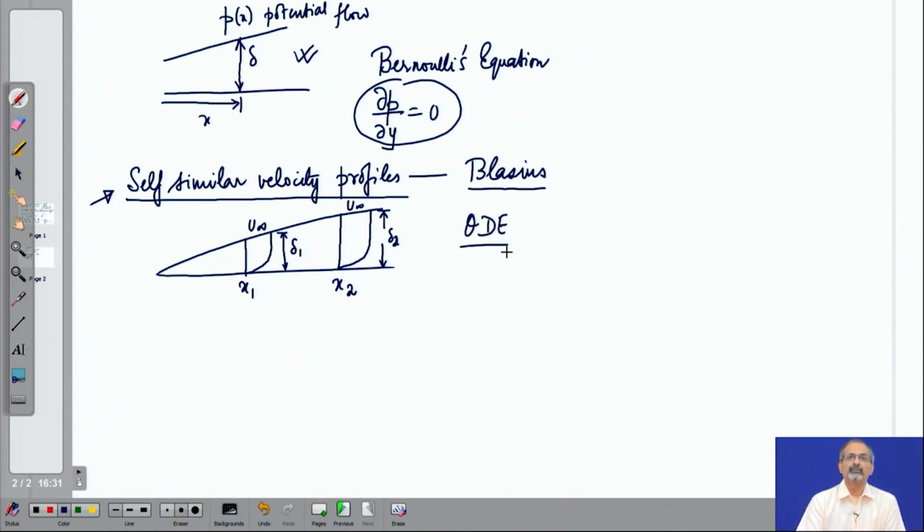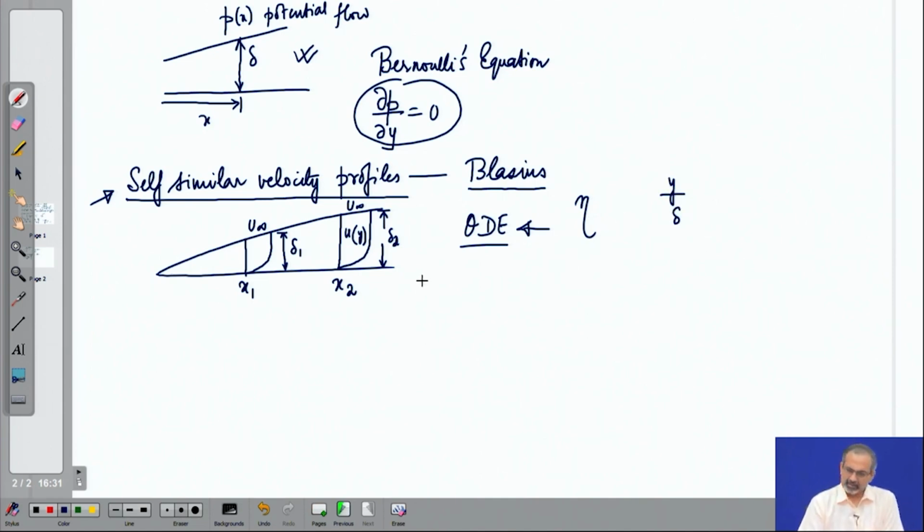So, instead of solving two partial differential equations, one is the continuity equation and the other is the x momentum equation with the simplifications proposed by Prandtl, a single ordinary differential equation would define the property variations within the boundary layer. We are mostly interested with how u changes as a function of y, and Blasius in the transformed plane solved it as a function of eta, which is nothing but y by delta, the ratio of y by delta.